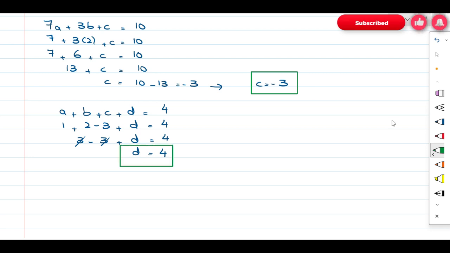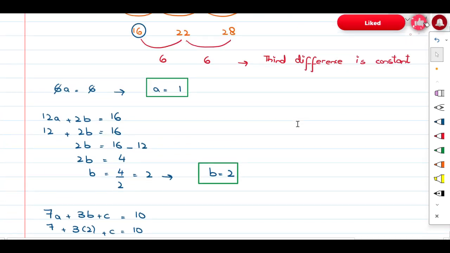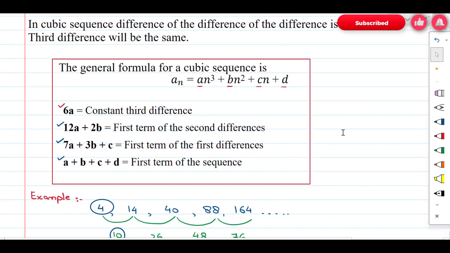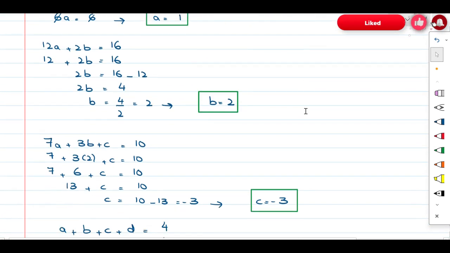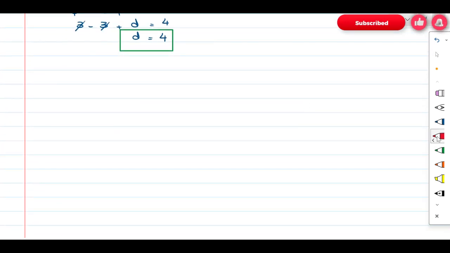Now we have all 4 unknowns, because in a cubic sequence we have 4 unknowns, a, b, c, d. So we need 4 equations to get those unknowns. Now we can write down the general nth term formula for the cubic sequence: an is equal to an cube plus bn square plus cn plus d.